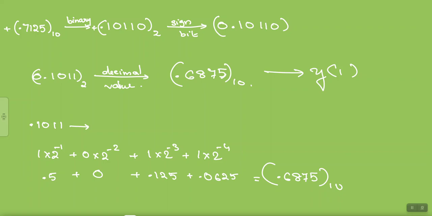So now for n is equal to 2, y of n is equal to quantization of 0.95 into y of n minus 1 plus x of n.